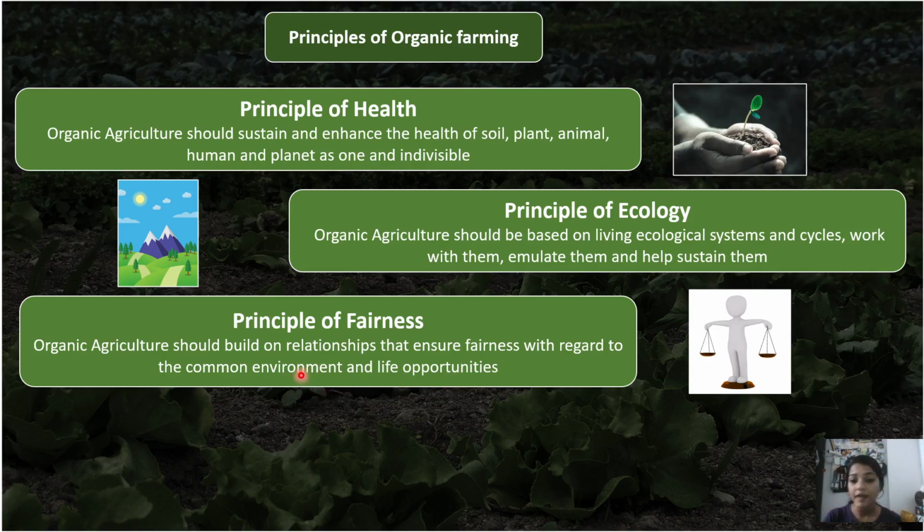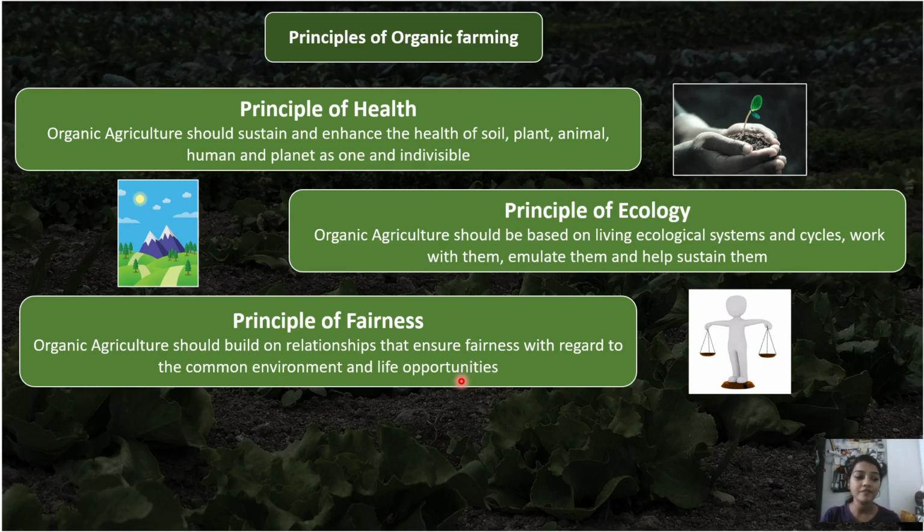We know that the environment is common. We live in this one environment, and there are so many organisms present, there are so many life opportunities, right? Everyone should have an equal share, and everyone should have fair rights to those opportunities, right?